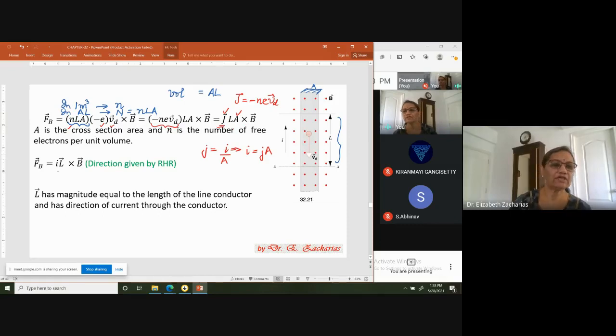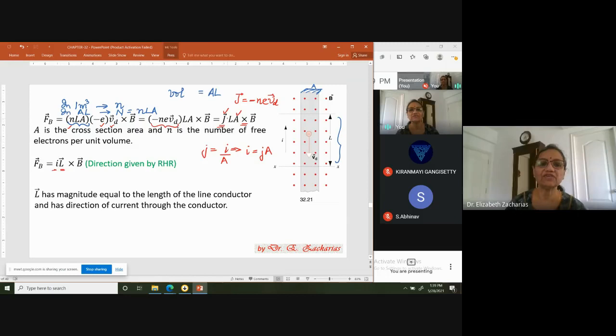So you get current, but then there is a cross product here, which means you have to have two vectors. Now current is a scalar, so you cannot put a cross product there. So now the length itself, you're going to make it as a vector. You're going to convert the length of the wire in the magnetic field into a vector quantity. So L becomes a vector quantity.